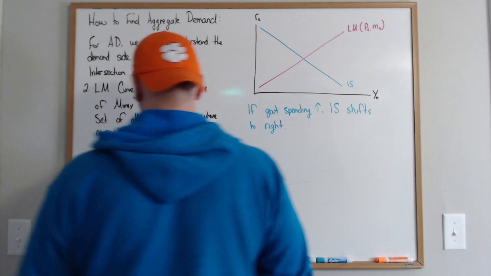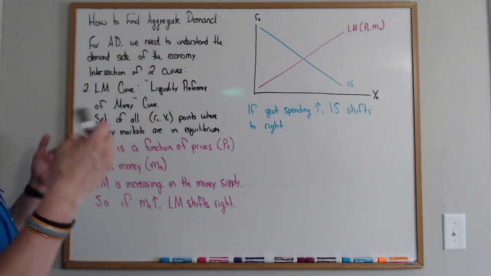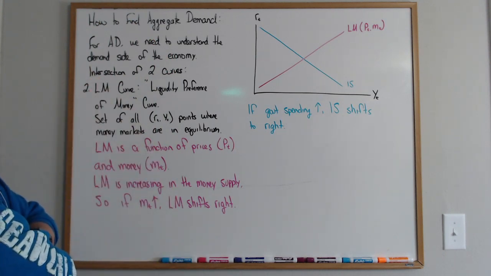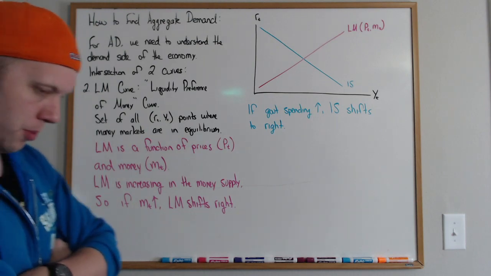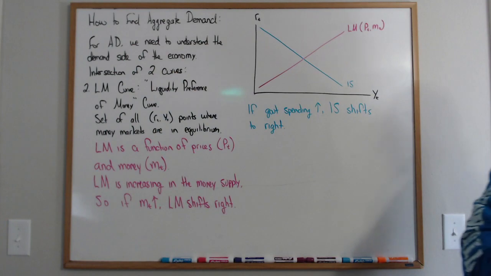So how do we get aggregate demand from all this? We've figured out that I get an intersection of all equilibrium points where goods markets clear and money markets clear. They're linear. One's upward sloping, one's downward sloping, which guarantees there is a unique stable equilibrium point here.